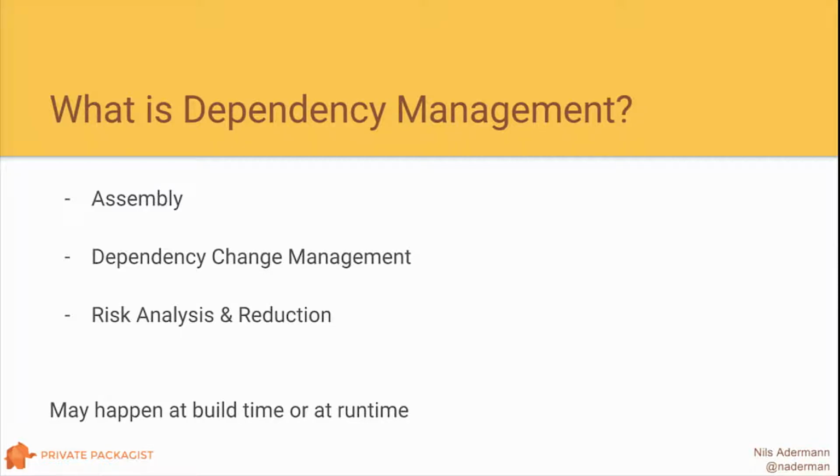This is what you do as you're working on these different parts. And all of this happens either at build time or at runtime. Some of these services are pulled in while you're building your application, but some of them are used during runtime of your application. And all three of these steps happen at both parts of your application.